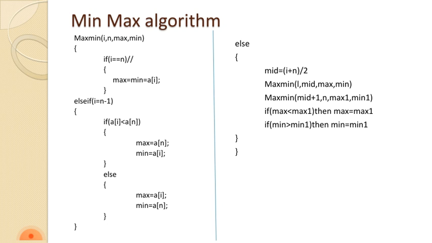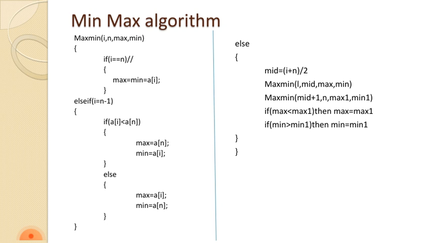So we have two parts, and recursively we are calling this same function until we get one element in the list or two elements in the list. Once we get a list of one or two elements, then further division is not possible.